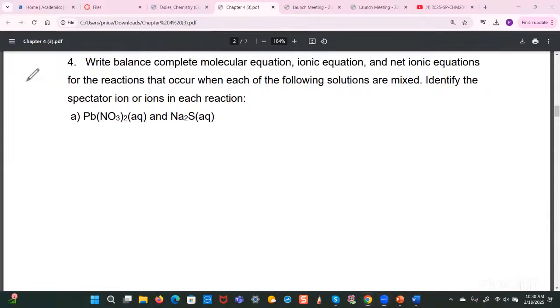First, I would try to figure out what the molecular equation is. So Pb(NO3)2 aqueous, and please do not forget the state symbols. It's very important when doing problems of this type. Aqueous, all right? So what would you expect the products to be in this case?